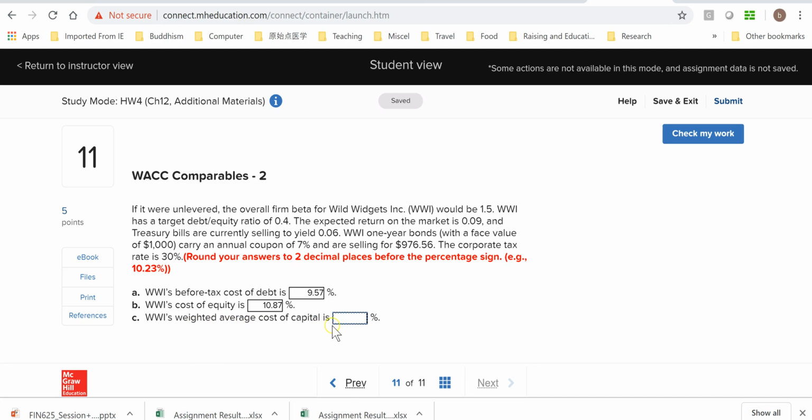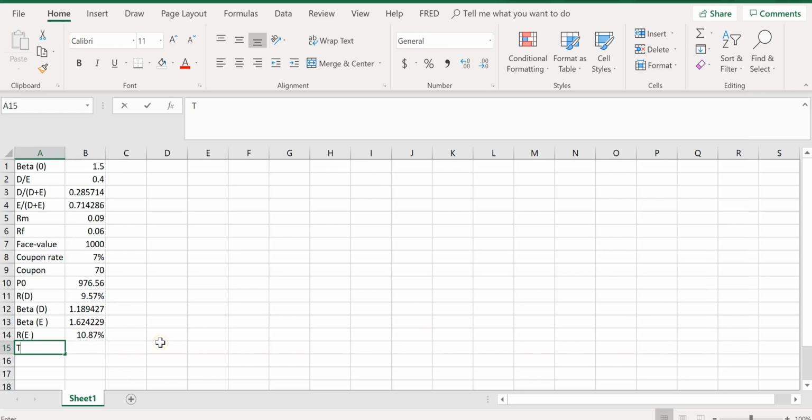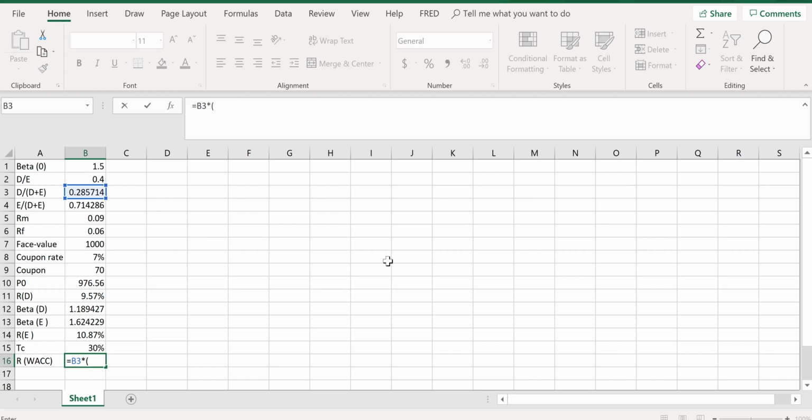And finally, once we know the cost of debt and the cost of equity, we can figure out the weighted average cost of capital. And we have to know the tax rate, right? The TC is 30%. So this WACC, RWACC, weighted average cost of capital, is the debt value ratio times the after-tax cost of debt, 1 minus the tax rate, times the cost of debt right here, plus the equity value ratio times the cost of equity.